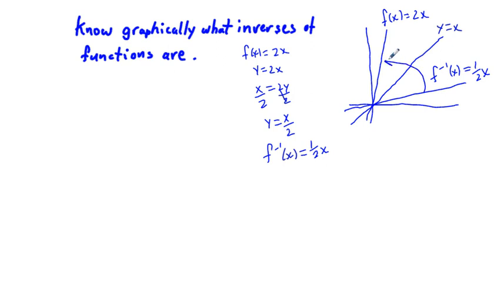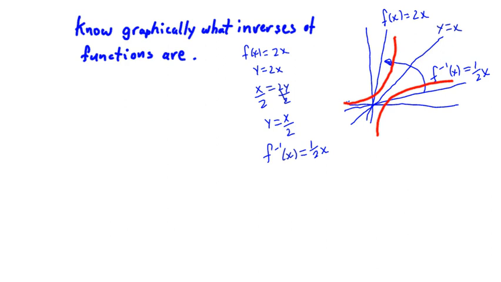And so you have different types of things that can be, I'm going to make different colors. If you have an exponential function e to the x, that's going to be the inverse of the logarithmic parent function ln x.